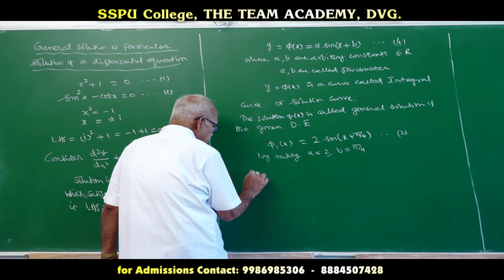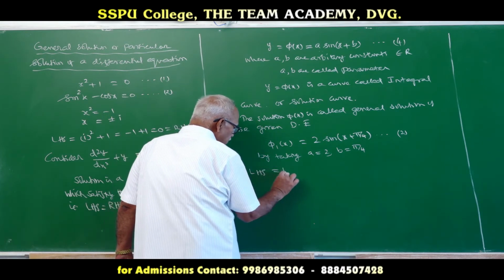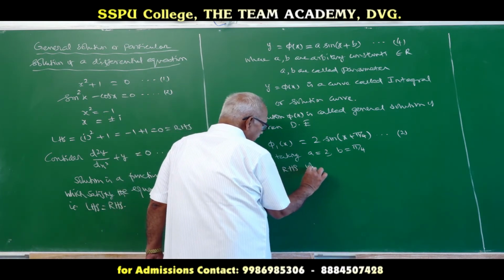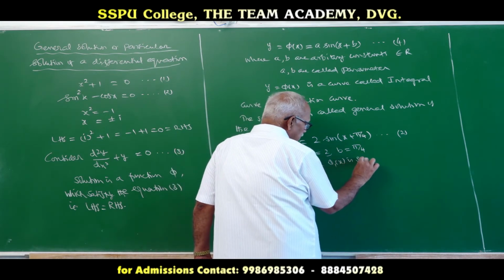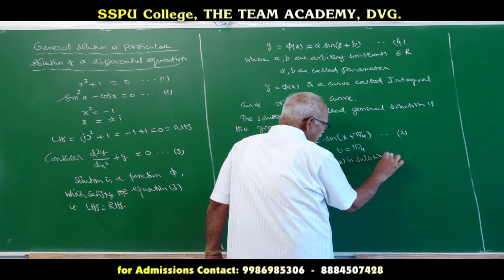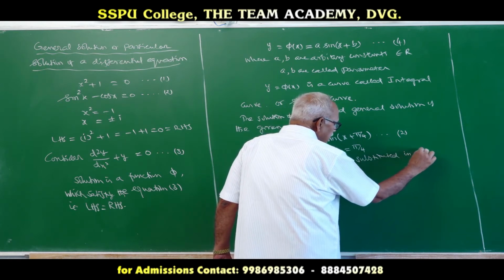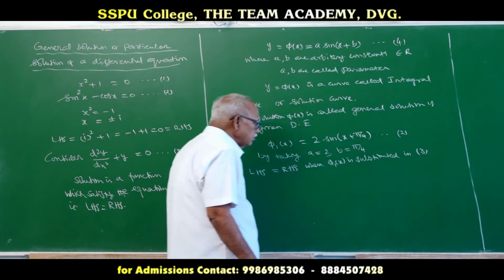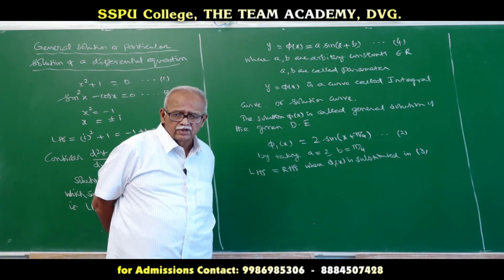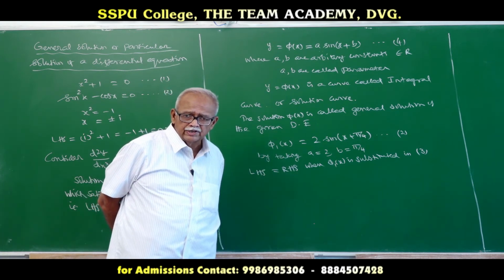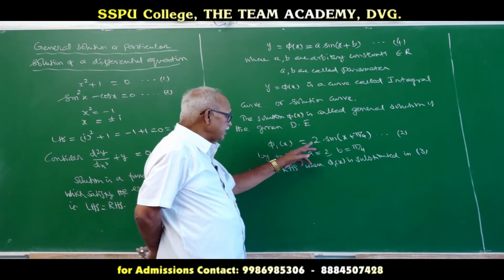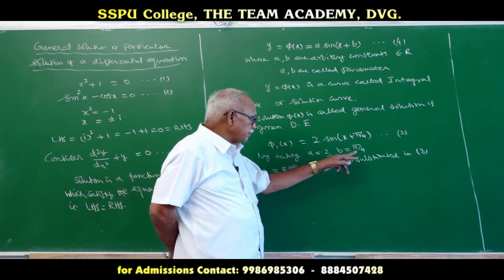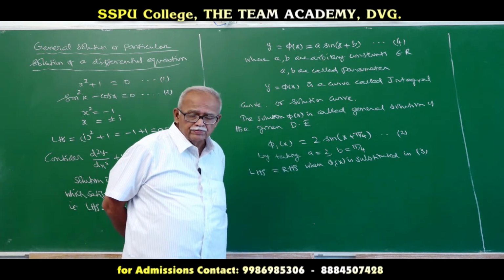So when we substitute phi 1 of x in equation 3, LHS is equal to RHS. So this is also a solution of the given differential equation, but in this the parameter a is fixed as 2 and parameter b is also fixed as pi by 4.